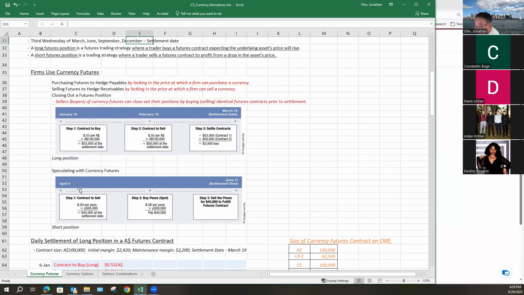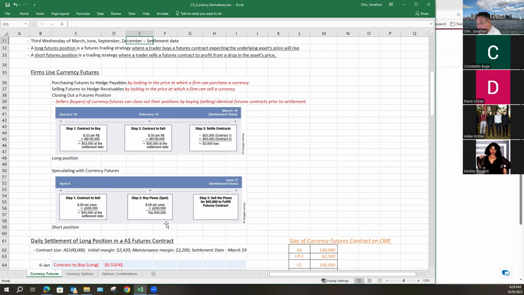Now, between April 4th and June 17th, you actually buy pesos on the spot. So 500,000 pesos, you buy at 8 cents per peso. The speculators projected the peso value will go down, and it happened, right?